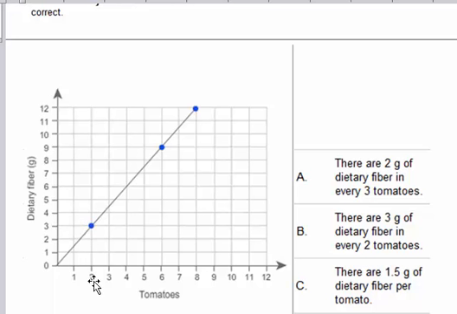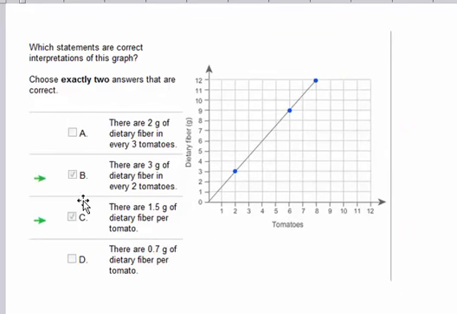So for every 2 tomatoes, there are 3 grams, so that is B. And then if I want 1 tomato, so half of them, we just looked at, would be 1. So half of the dietary fiber then we also cut in half, so we're looking at 1.5. So both C and B are correct.